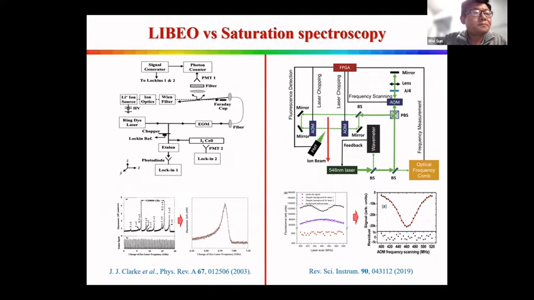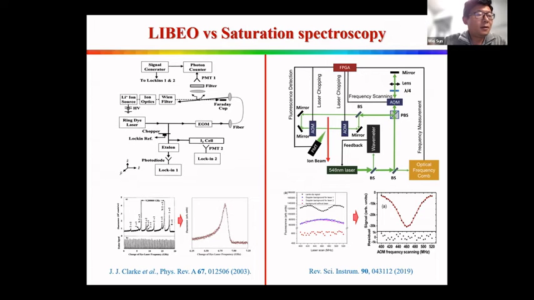On the contrary, by using saturation spectroscopy, we were able to eliminate the Doppler broadening and obtain a Lamb dip signal with symmetrical line shape.